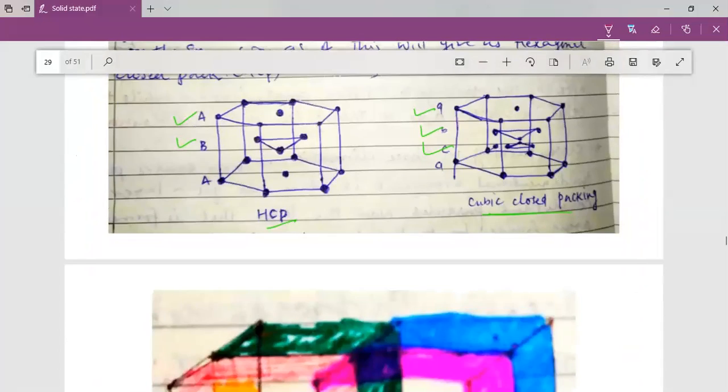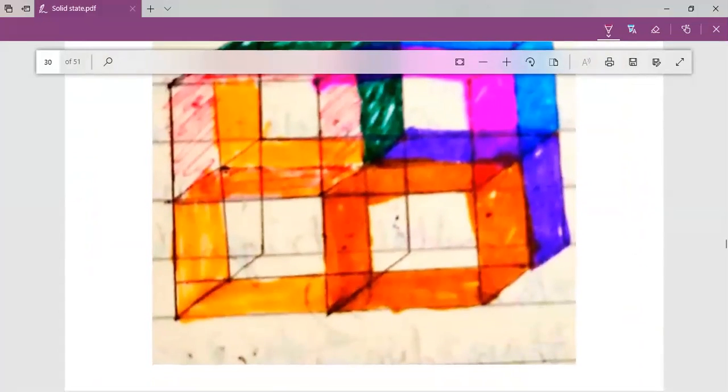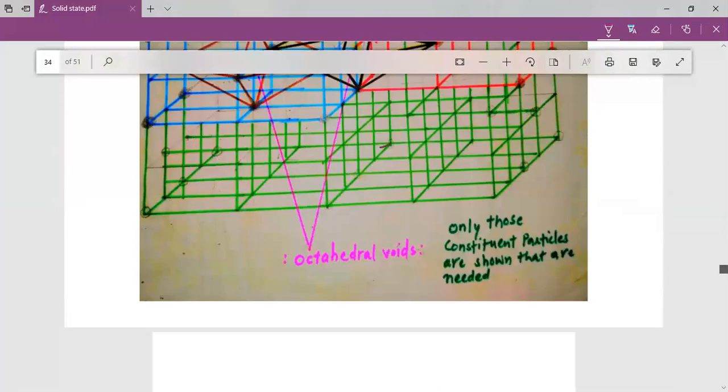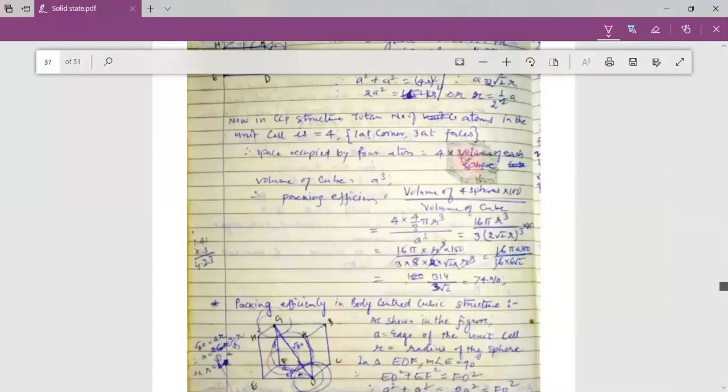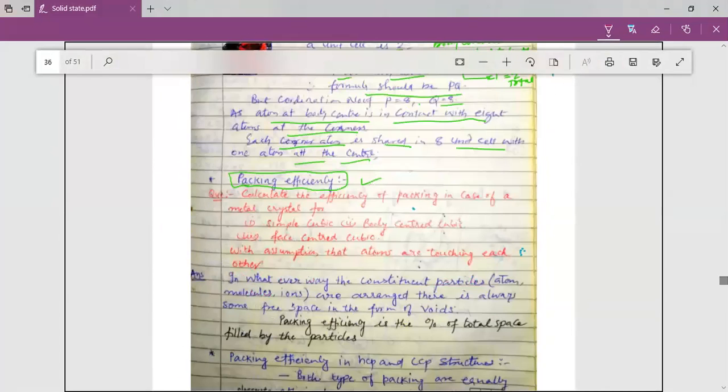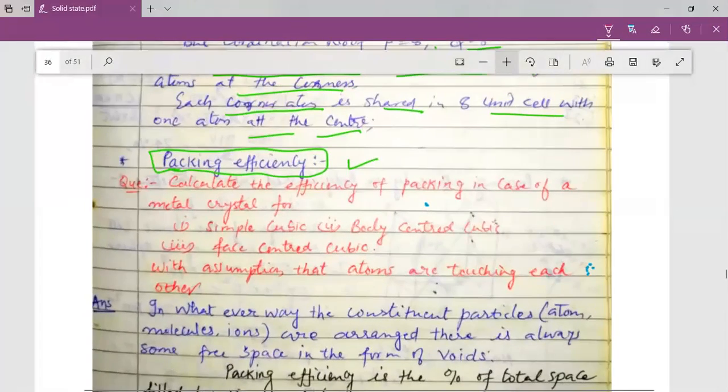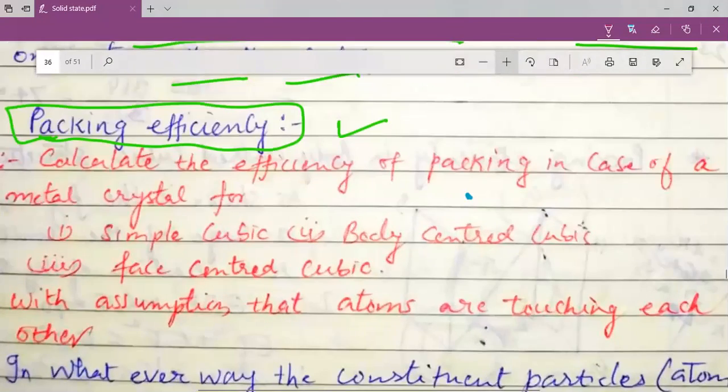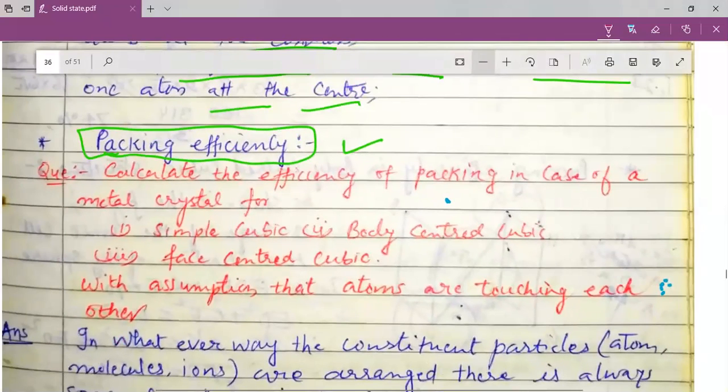That means packing efficiency is nothing but the proper arrangement of particles, so that when we arrange these particles, they are arranged in such a way that we get maximum area of the unit cell covered with the particles, not with the void. So this is how we understand the packing efficiency.